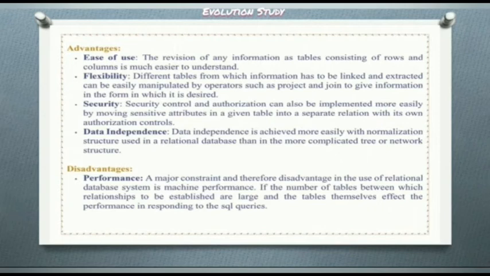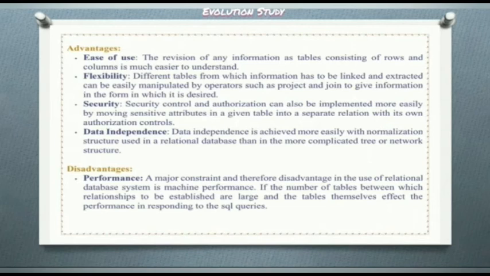Now, what is data independence? Data independence is achieved more easily with the normalization structure used in a relational database than in the more complicated tree or network structure. Disadvantages: performance. A major constraint and therefore disadvantage in the use of a relational database system is the machine performance.